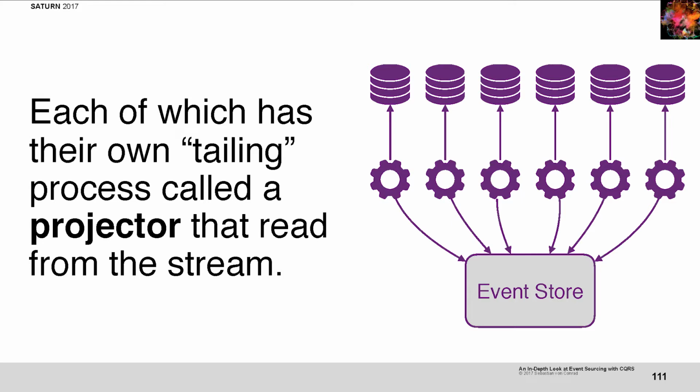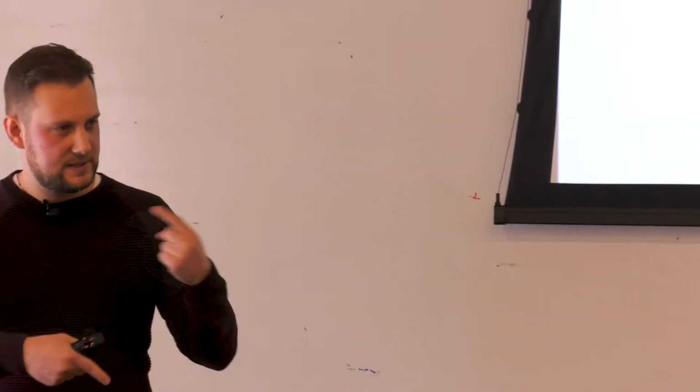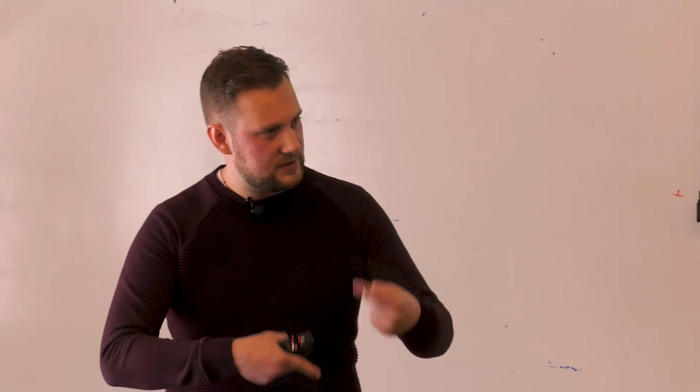The projections are built up separately and individually. And we have these other processes that we call projectors. It's, I think, a pretty straightforward idea. You have a projector, which is a process. That's the thing that processes the event stream, and it builds up the projection.